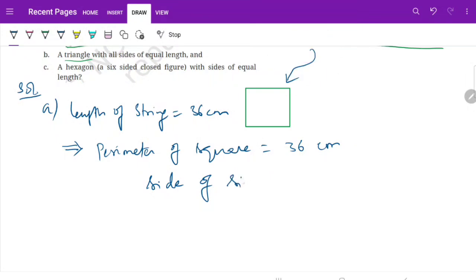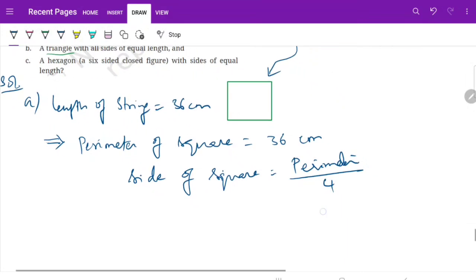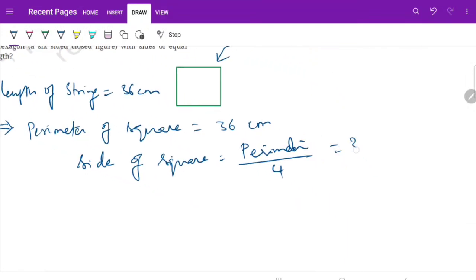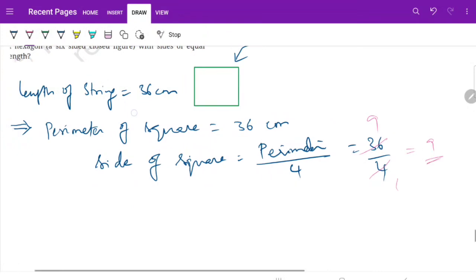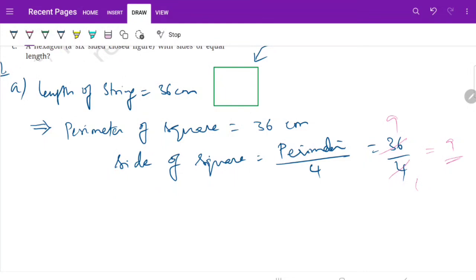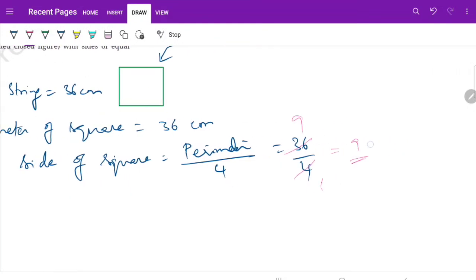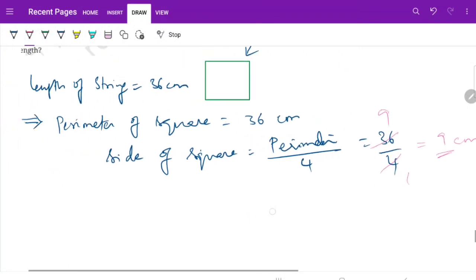Side of square is equal to perimeter divided by 4, right? So that is 36 divided by 4. Simply 4 1s are 4, 4 9s are 36, so the answer is 9. Because the unit is in centimeter, you write side of the square as 9 centimeter.